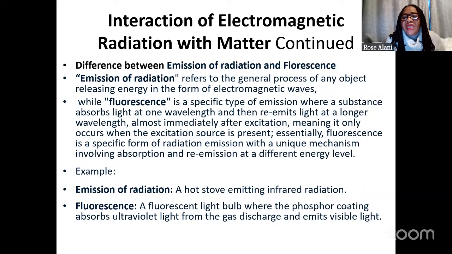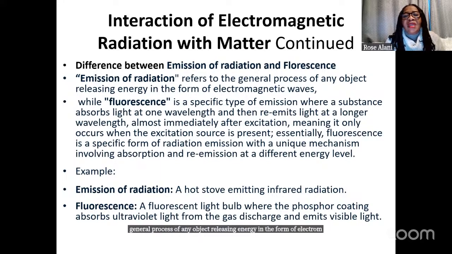So essentially, fluorescence is a specific form of radiation emission. Remember, I said radiation emission is a general process of any object releasing energy in the form of electromagnetic waves.